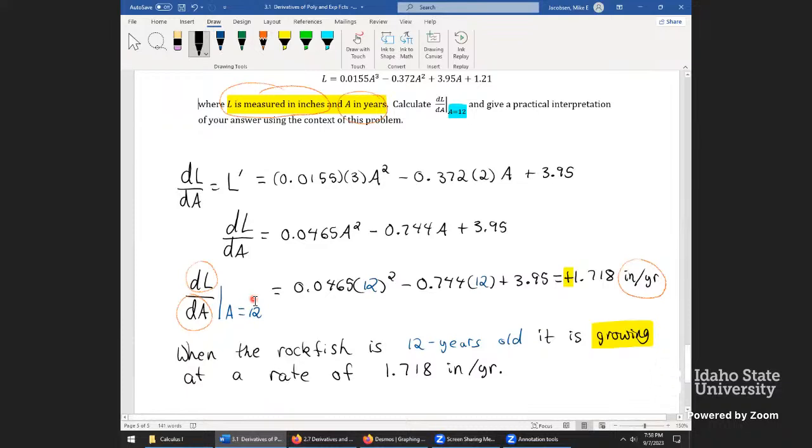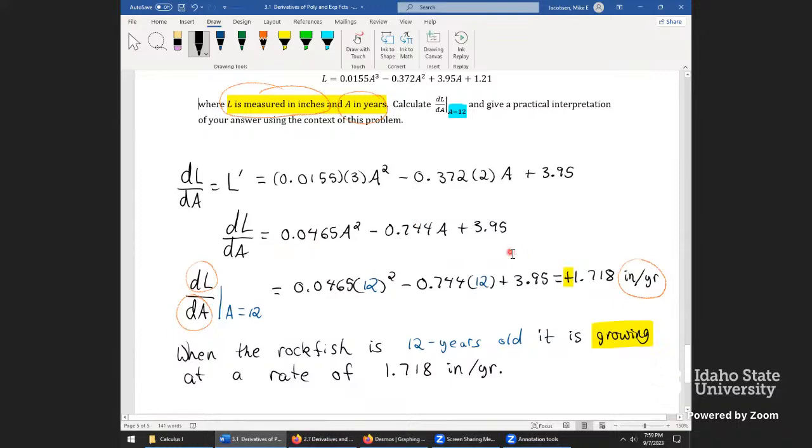And we expect if you put in something other than 12, you're going to get a different derivative right here and a different interpretation as well. If we said 5, I'll have a different number here, and I would say when the rockfish is 5 years old, it's growing at this new rate down below. So the rate of growth of the fish will depend on the age in this particular way right here.